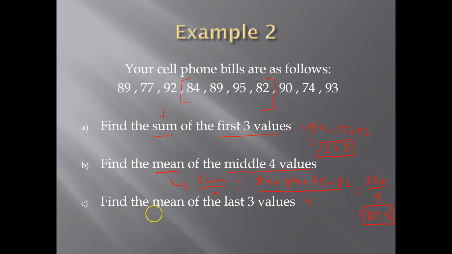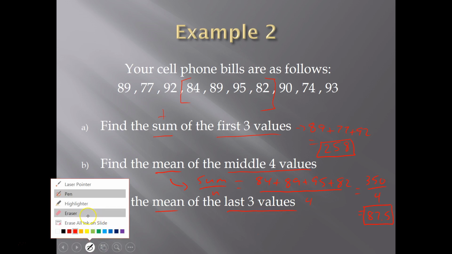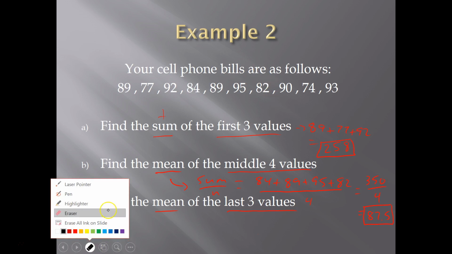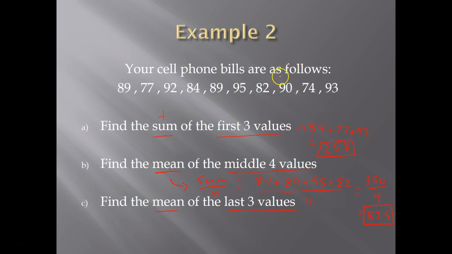Alright, let's look at the last one. Once again, we're finding a mean, but now we're finding the mean of the last 3 values. So now, instead of finding the mean of the middle 4, we're finding the mean of the final 3. So these 3 values right there. Once again, we know the mean means find the sum, so we're adding and dividing by the number of values.